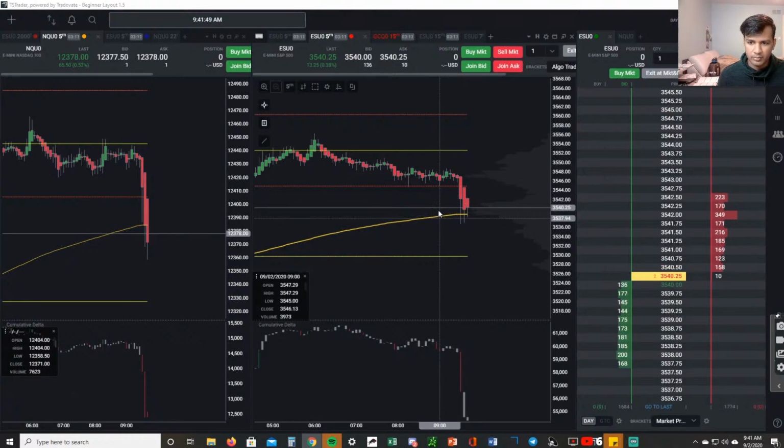We could see a nice play off of the 200 EMA and continue to the upside.